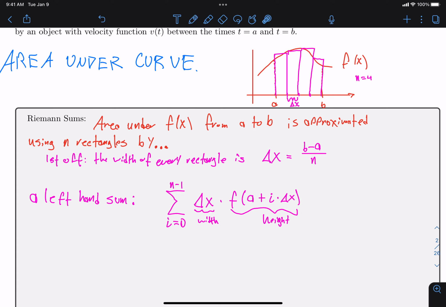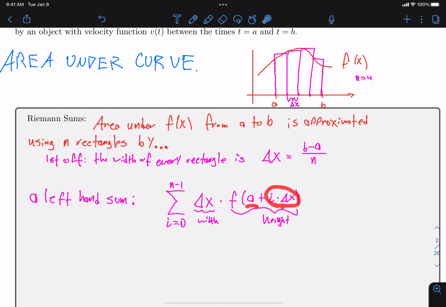I think the part that is probably going to be the most confusing to everyone is, what is that? Well, ask yourself what it will be when i is 0. When i is 0, this part goes away, meaning that the height of the first rectangle should be the height of the function at a. In other words, we use this rectangle. Then what happens when i is equal to 1? We take a and add 1 times delta x to it.